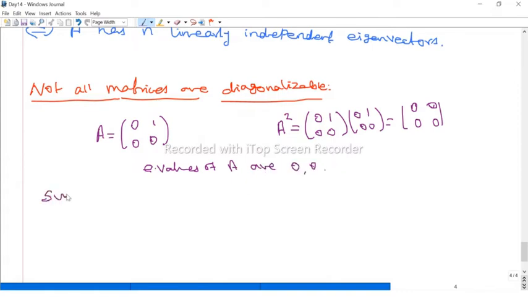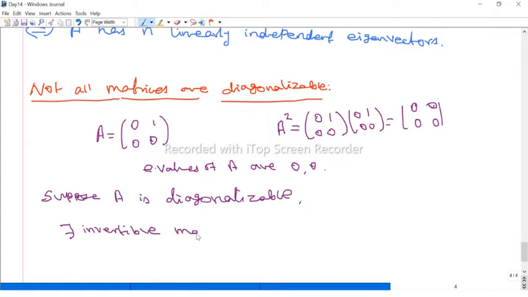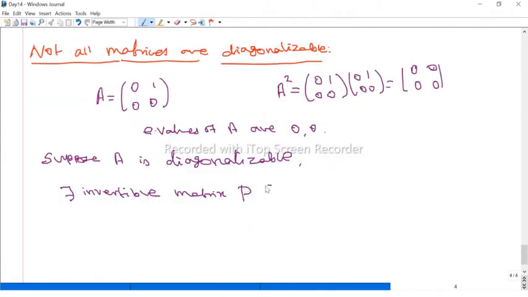Now, suppose the matrix A is diagonalizable. By the definition of diagonalizable, there exists an invertible matrix P, also 2 by 2, since we are working with 2 by 2 matrices, such that P inverse AP is diagonal, right?